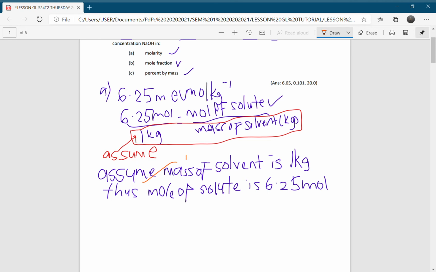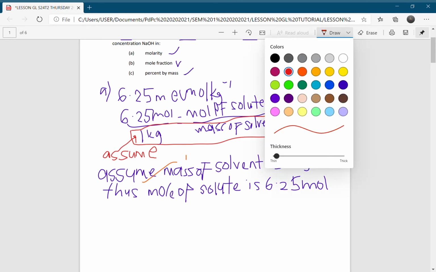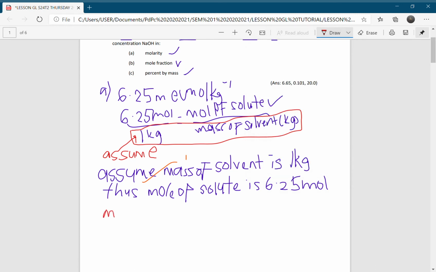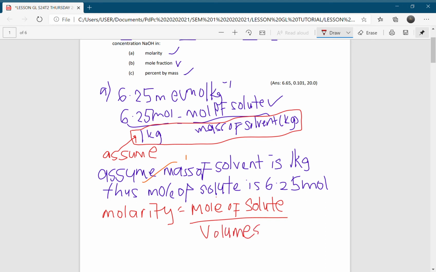Okay, next. We focus on the target question. We want to find out the molarity, so we must write the formula of molarity to identify the next data. Molarity equals the mole of solute dissolved in 1 liter of solution. For the formula, you must write down the symbol L for liter.